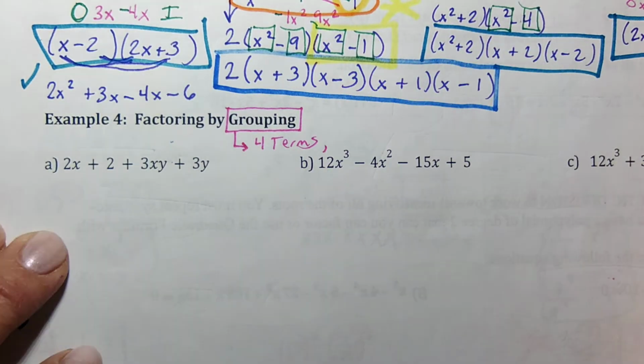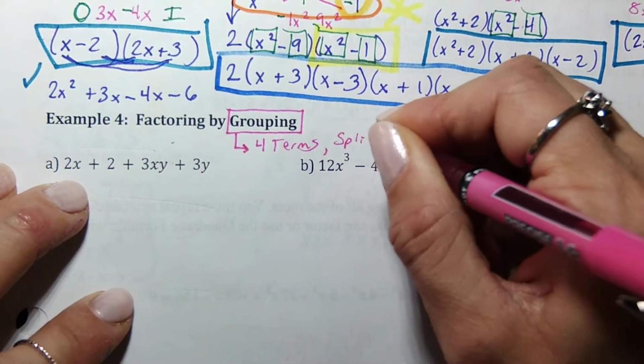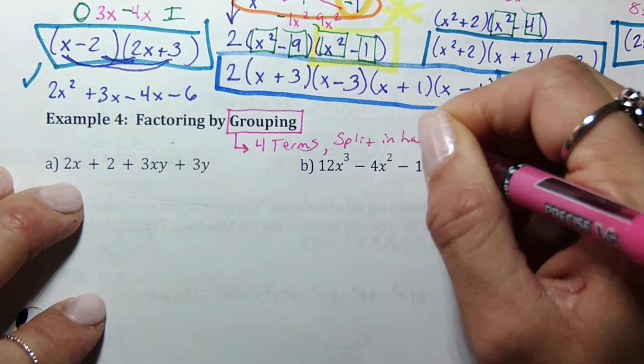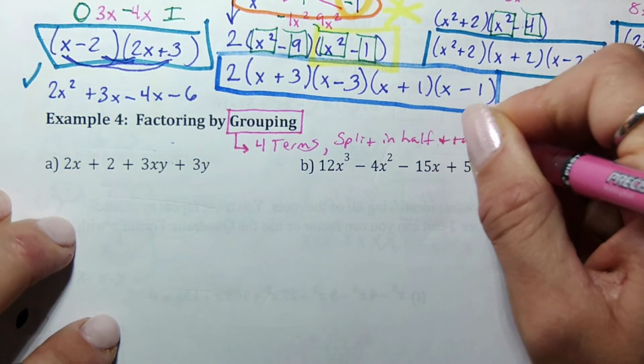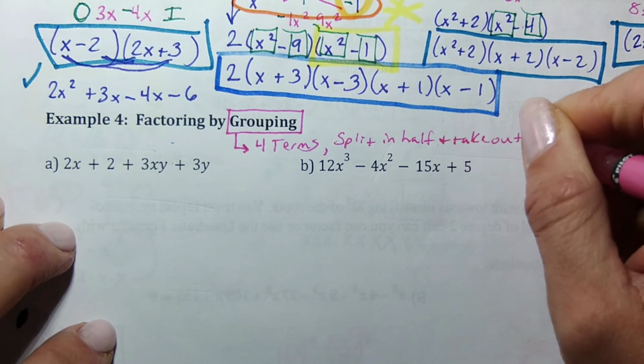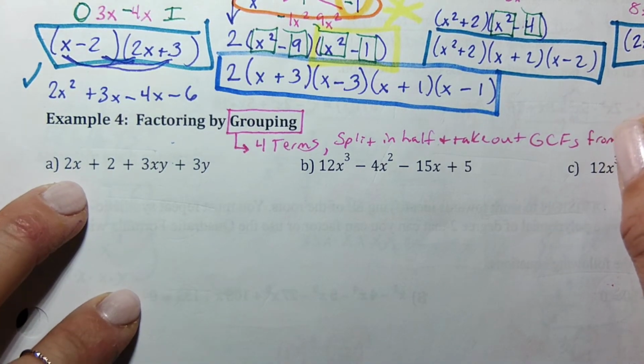After you have identified it as grouping, you are going to split it in half and take out GCFs from both groups.